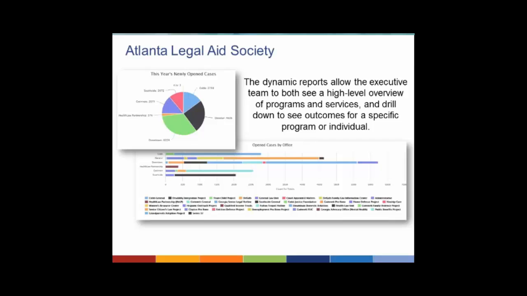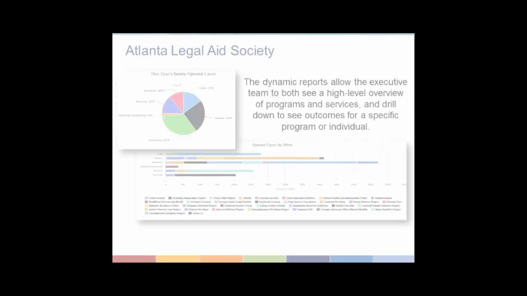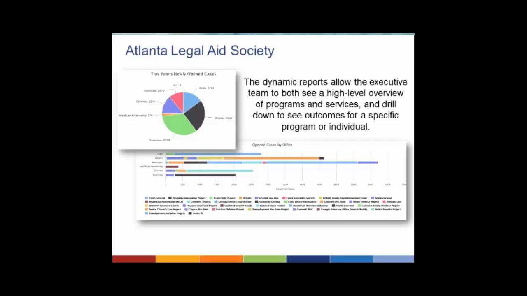And then you could clear it and dial down and just look at the eviction defense project, for example, and get details about that project, or just get details about one particular office. And so you can get more detailed information and try to compare apples to apples. For example, if you wanted to compare all the pro bono projects, you could just highlight those projects, and that's all the graph would show you. Right. So I found that to be very helpful.